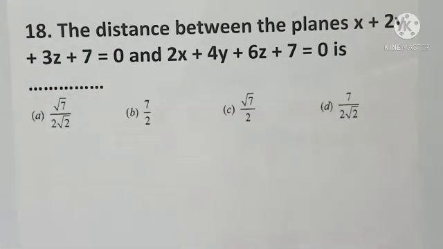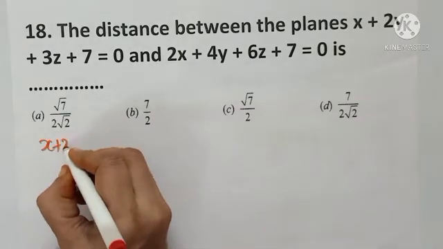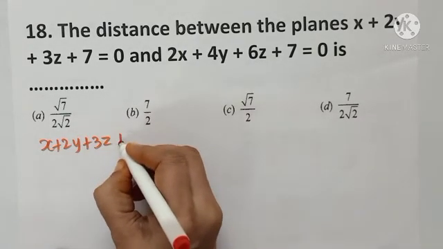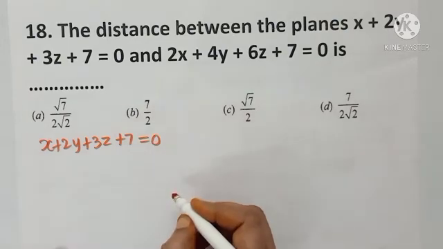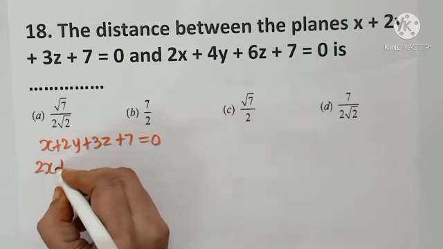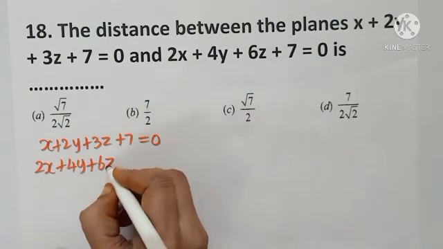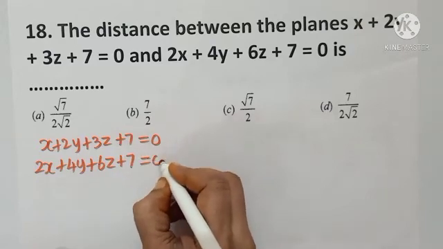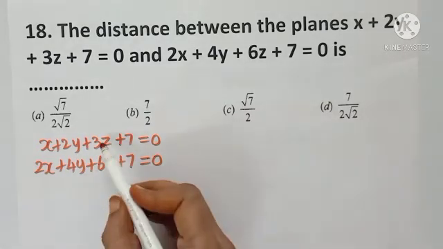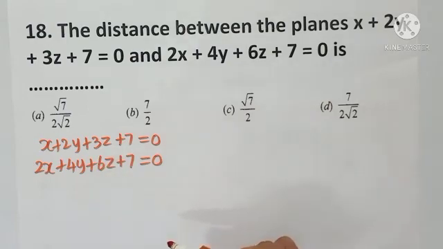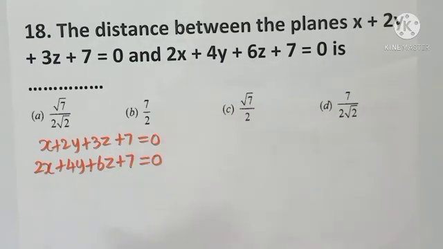Question number 18. The distance between the planes x plus 2y plus 3z plus 7 equals 0, and 2x plus 4y plus 6z plus 7 equal to 0. As I compare the two planes, they are parallel, but they must have the same coefficients to apply in the formula.